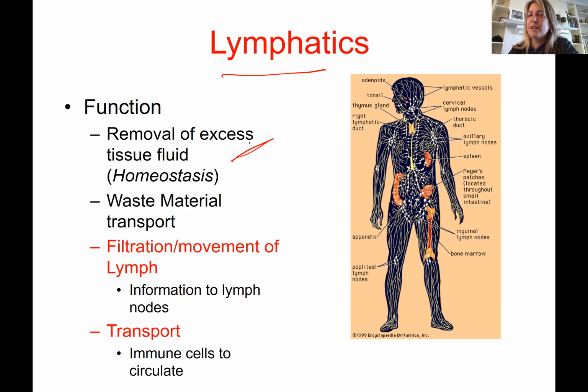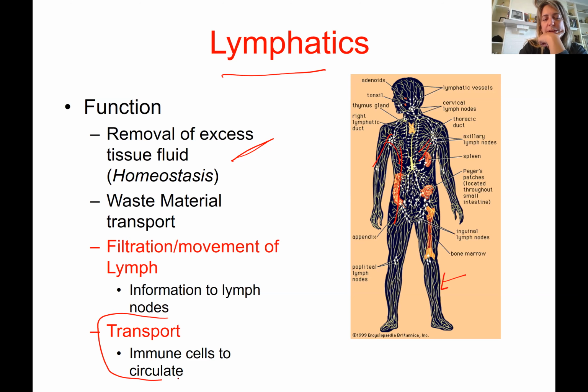If anybody has traveled in an airplane for 10, 15 hours, when you get to your destination your feet may be a little swollen because of poor circulation. The lymphatics are going to help remove that excess fluid and dump it back into the blood circulation. But one of the most important things is that these lymphatics work as a system of highways to fast track the movement of white blood cells or antibodies into the area that actually needs them.